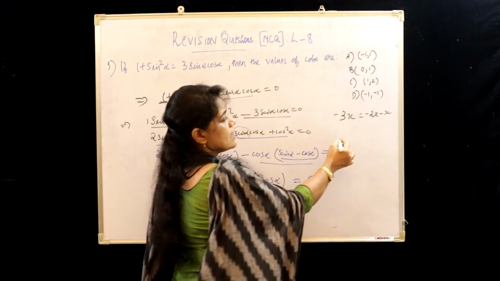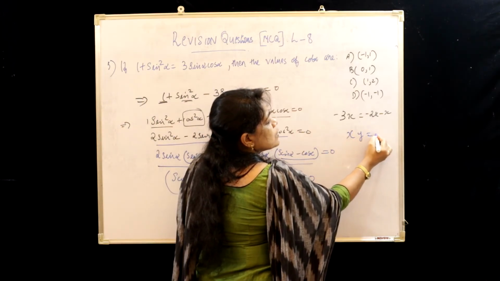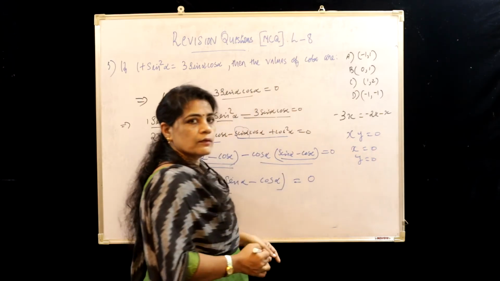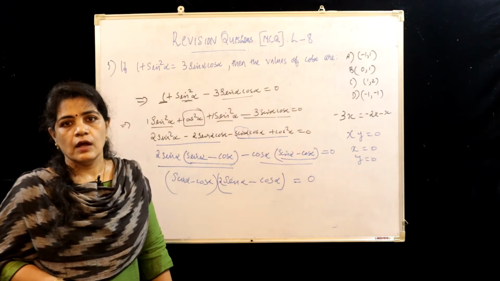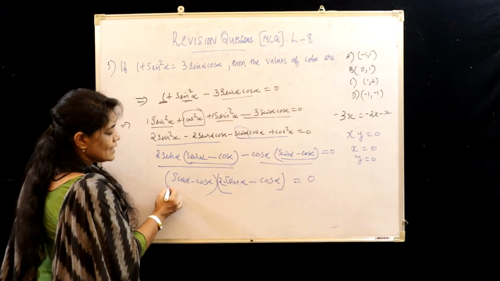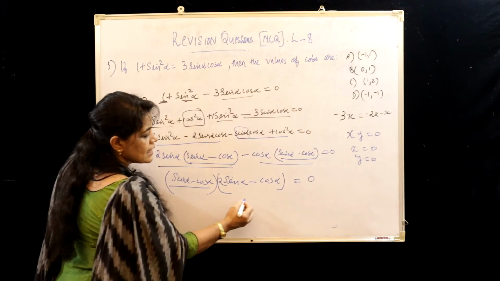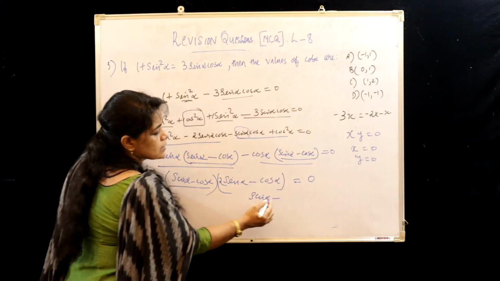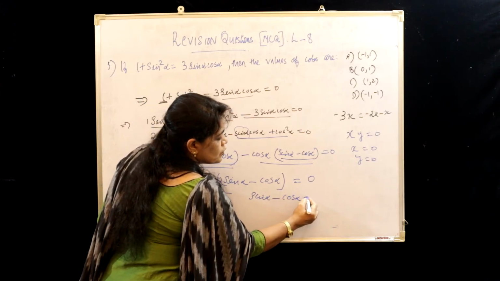See children, for example, if xy equal to 0, it means x equal to 0 or y equal to 0. Both can be equal to 0; then only the product will be 0. So I am going to substitute each factor equal to 0. That is, the first factor is sin alpha minus cos alpha equal to 0.